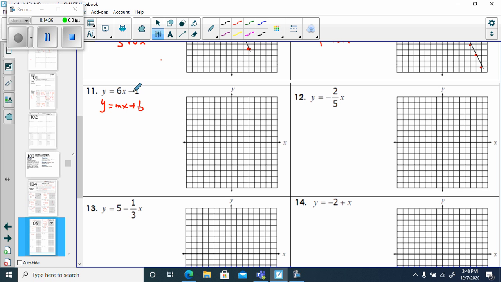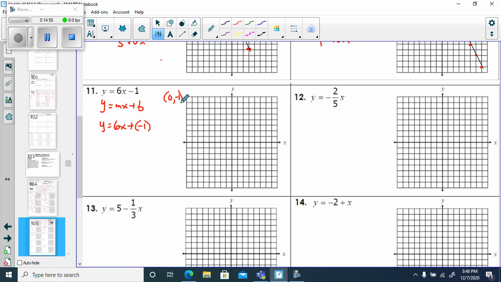Okay, this doesn't say plus a number, so I need to change that, right? Y is equal to 6x, and I need this to say plus. Plus what? Negative 1. Adding a negative is the same as subtracting a positive. Okay, so my b is at negative 1.